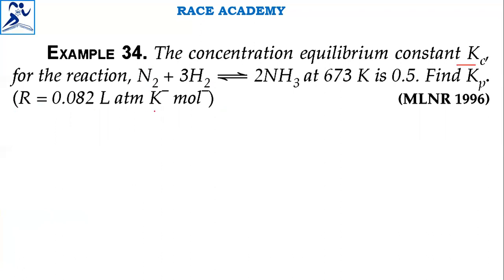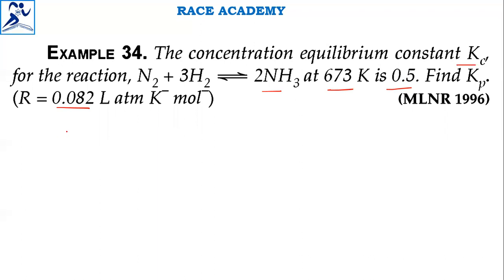If R is equal to 0.082 liter atmosphere per Kelvin per mole, and given one thing, that concentration equilibrium constant at 673 Kelvin, that is the Kc value they have given at 673 Kelvin for the ammonia equation. We have to find the Kp value only, right?